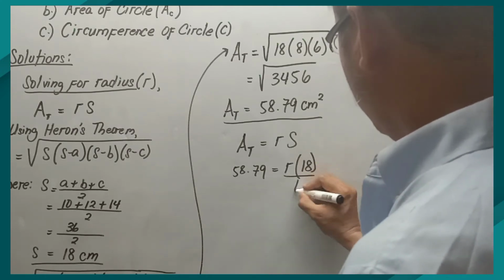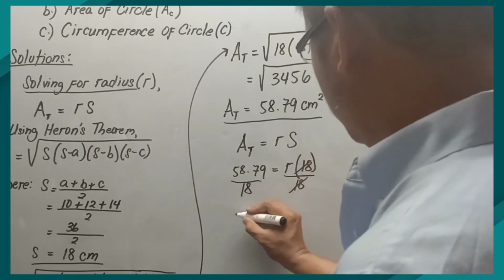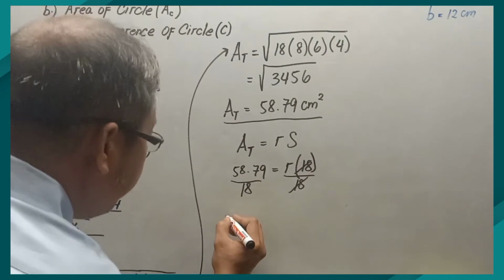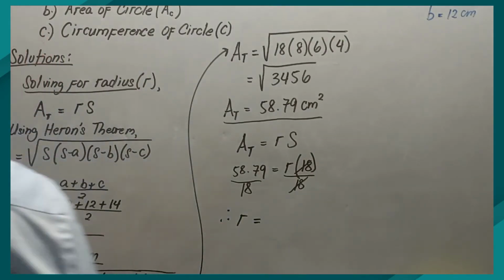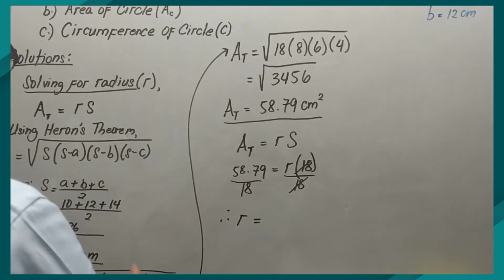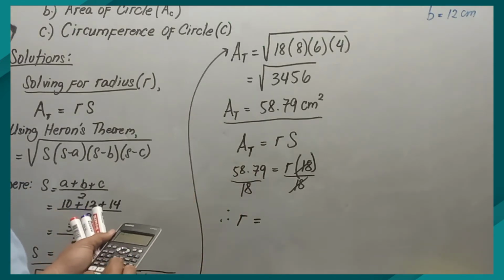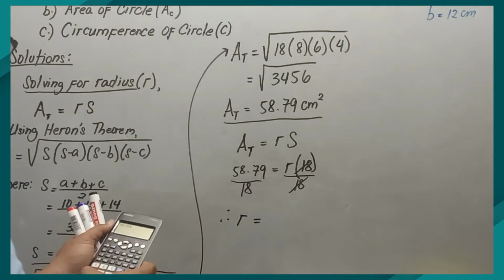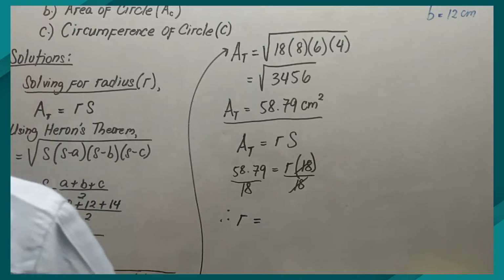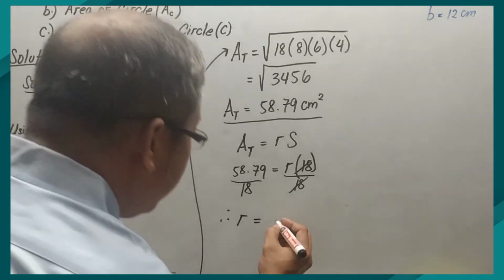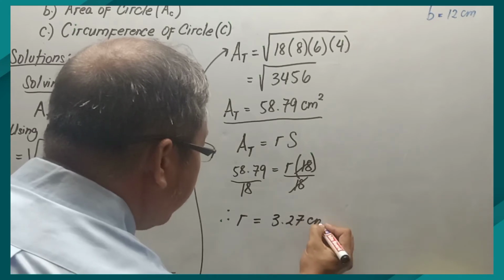So, over 18, so cancel. Therefore, R is equal to, how much, guys? 58.79 divided by 18. So there are 3.27. Okay? 3.27 centimeter.